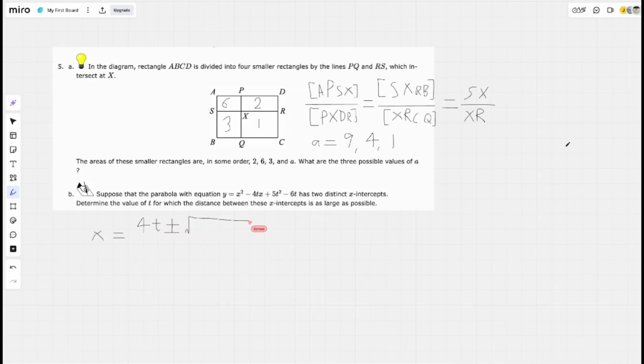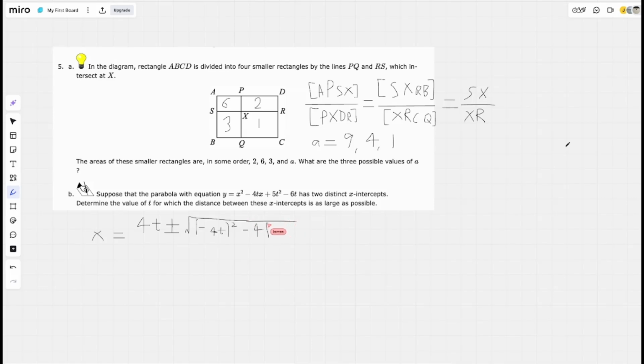square root of negative 4t squared, technically, and then minus 4ac. And a is 1, so we don't have to consider it.